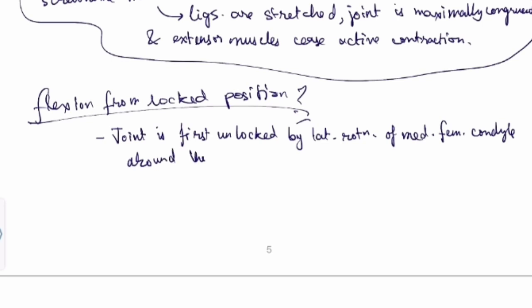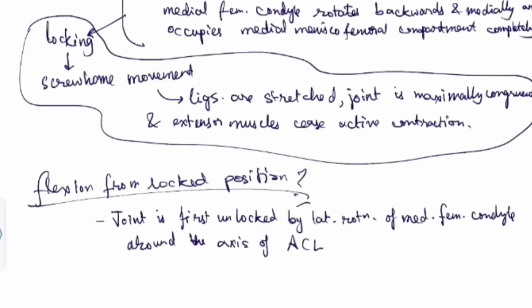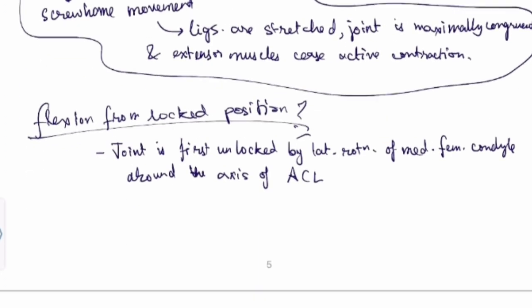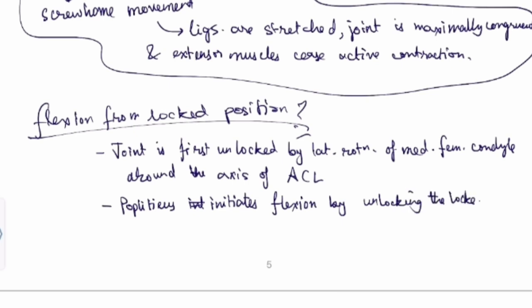Now you can see that popliteus initiates flexion by unlocking the locked knee. How does it do that?